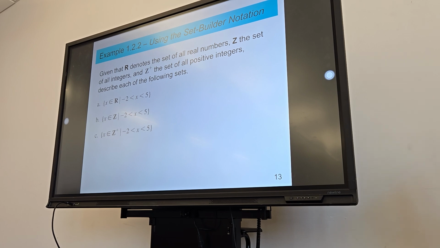So it would be -1, 0, 1, 2, 3, 4. And if you're just looking at positive integers, as in C, you would only include 1, 2, 3, and 4 in the set.